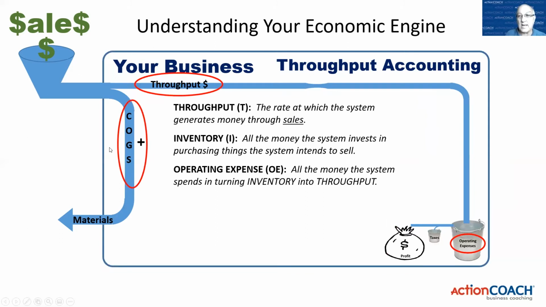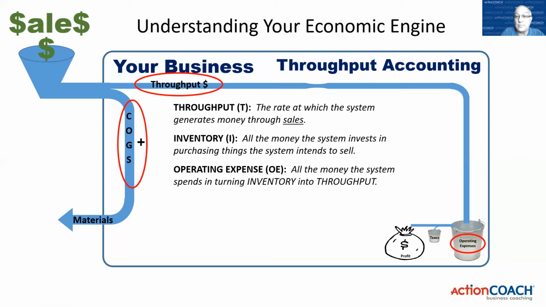Now you notice I've circled the COGS, the cost of goods sold, and put a plus symbol in there. In this broad definition of inventory, things that you're going to sell is a lot broader than what you might think it is. Certainly it includes all the materials and the raw materials and the parts and pieces that you buy, that you're going to assemble and machine and produce and turn into throughput dollars.